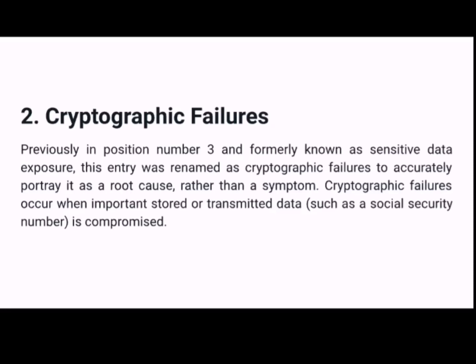Cryptographic failures occur when important stored or transmitted data such as social security numbers is compromised. Whether at rest or in transit, data contains sensitive information that needs extra protection. This is especially important for organizations falling under the purview of standards like PCI DSS, GDPR, CCPA, HIPAA, etc.